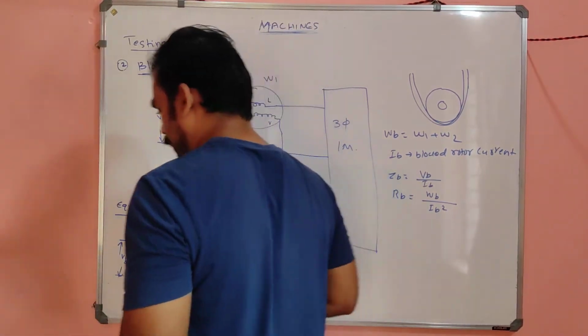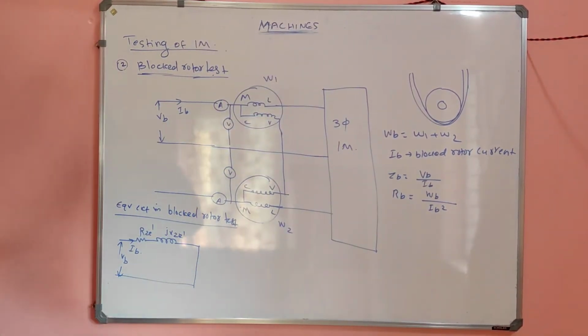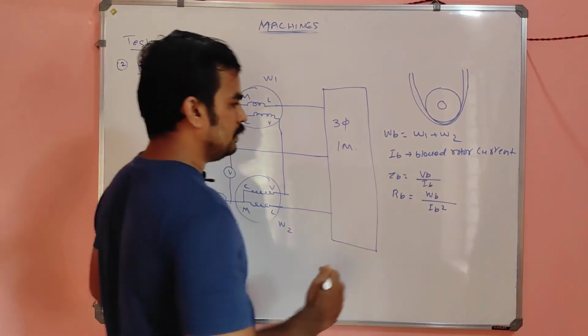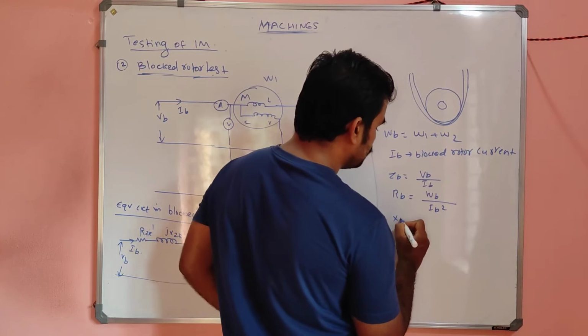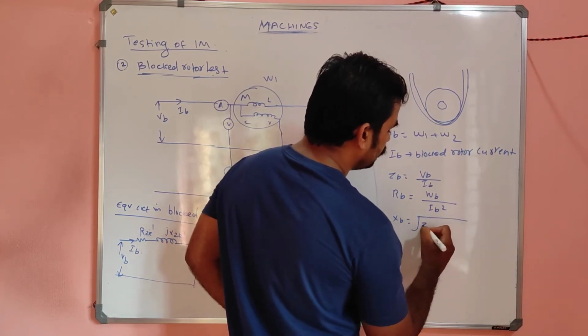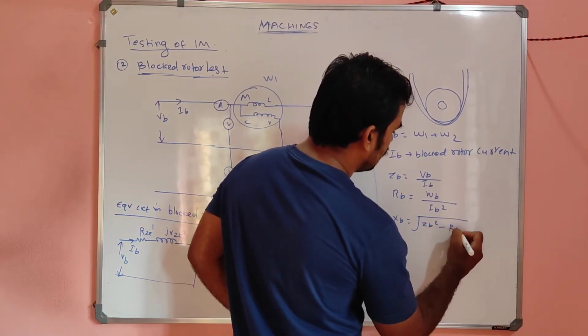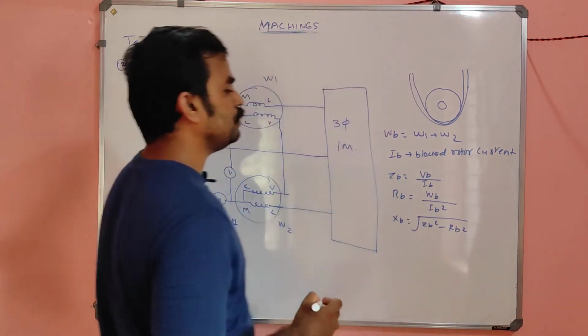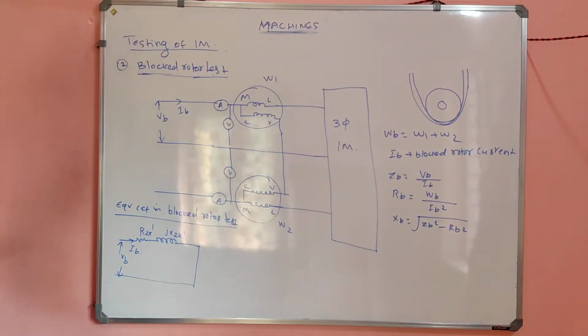If you know the value of ZB and RB, we can find the value of XB, which is root of ZB square minus RB square. So from that you will find the value of ZB and XB also.